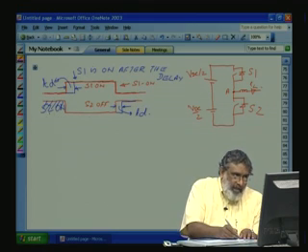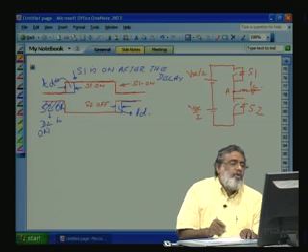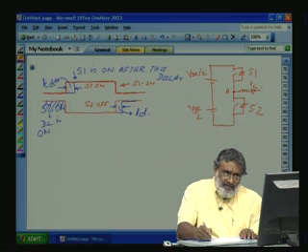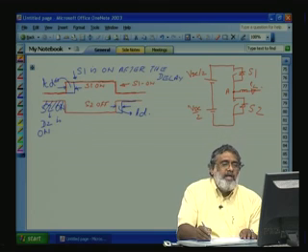S2 is on and D2 is conducting. What is the current direction? This direction we are taking as positive. Now, we want to turn on S1, so we will remove the gate pulse of S2 here, but even though the gate pulse is removed, the S2 diode will be conducting. After some time only we will be turning on S1.